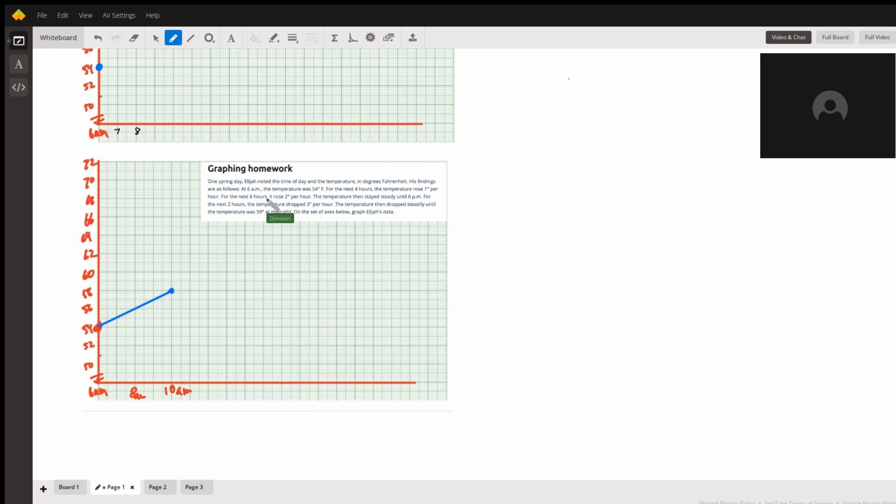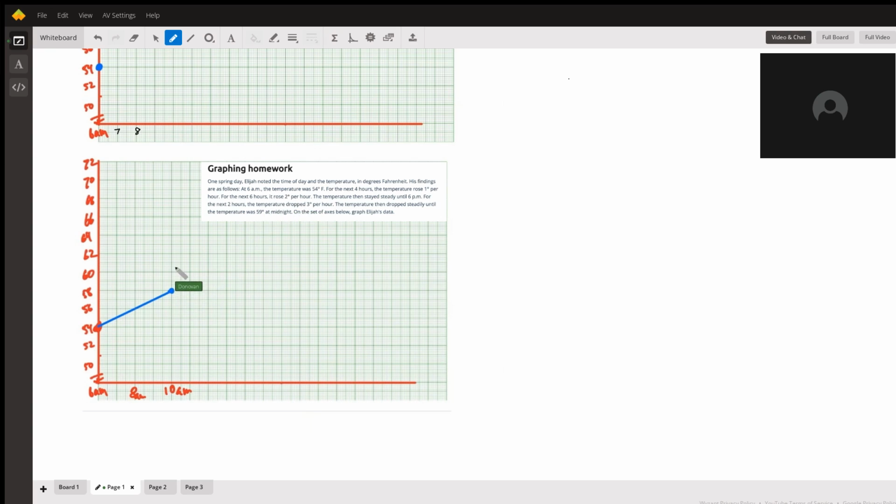So for the next 6 hours, after we've reached our 10 a.m. mark, we know that we're going to increase by 2 degrees per hour. Again, 6 hours times 2 degrees per hour, I know I'm going to increase by 12 degrees. 2 times 6 is 12, right?